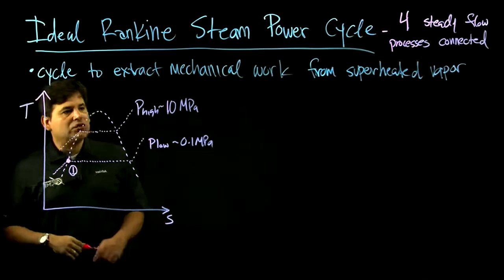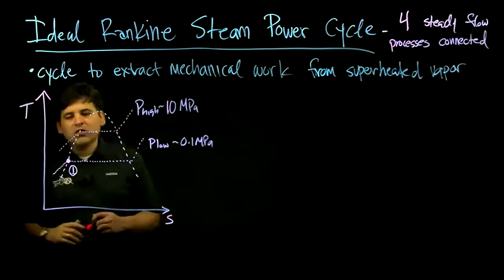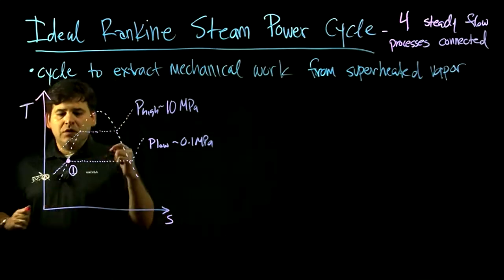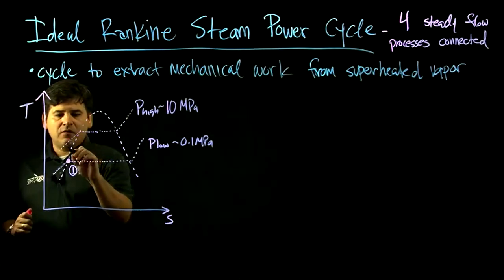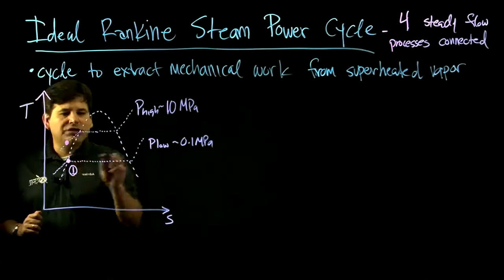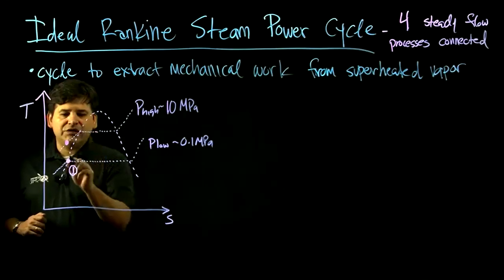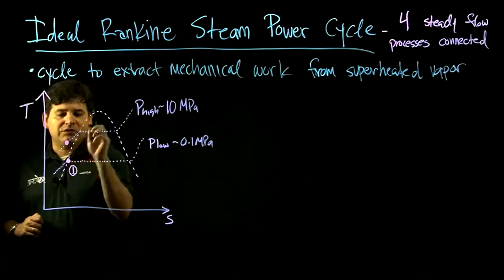Then you use what's called a mechanical pump to bring this water from state 1, saturated, to compressed liquid. So bring it from a low pressure to a high pressure, and the state changes from the borderline of liquid vapor to compressed liquid state.